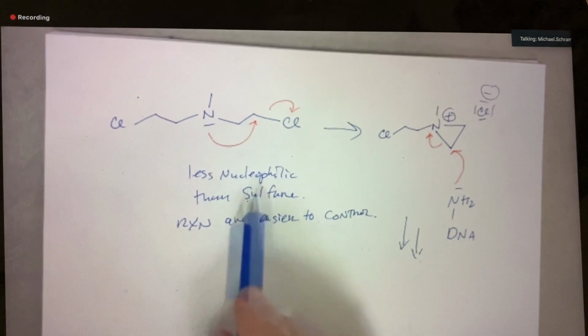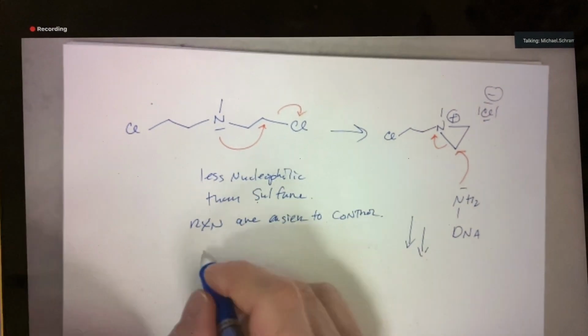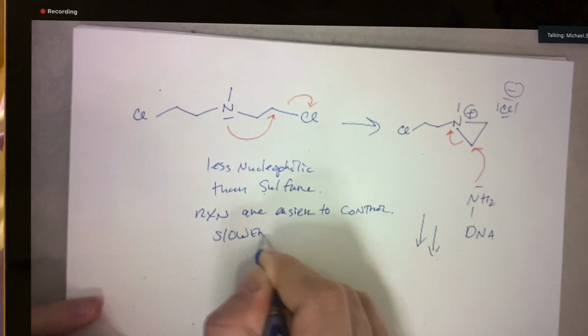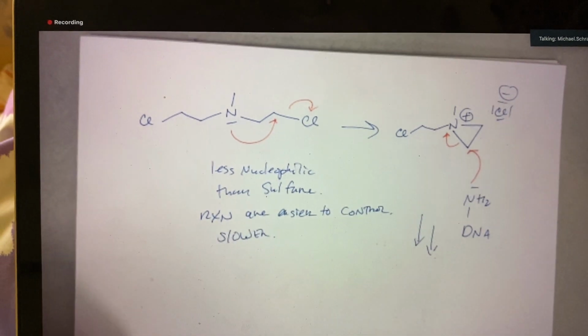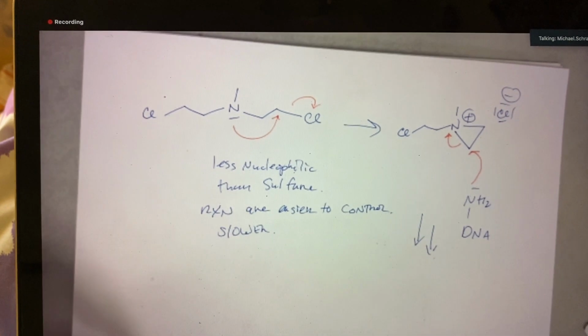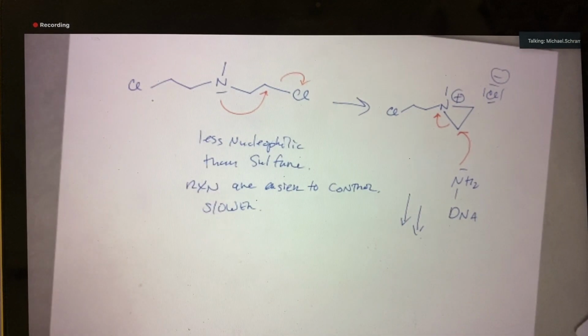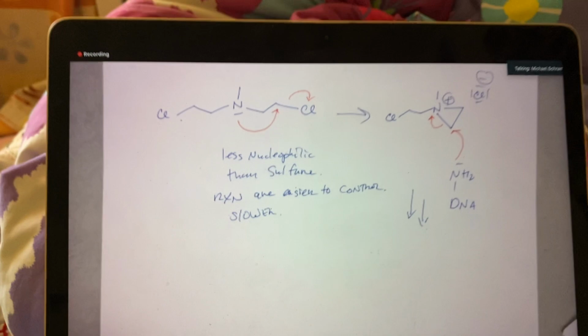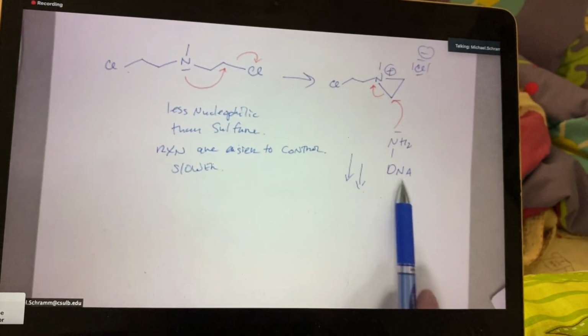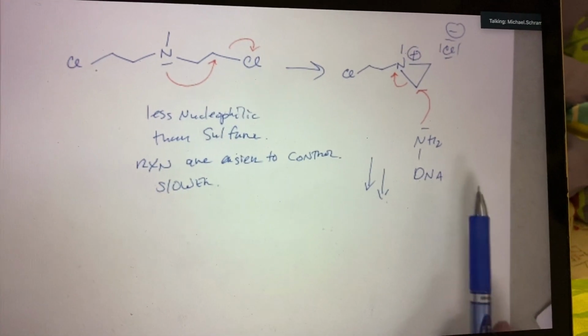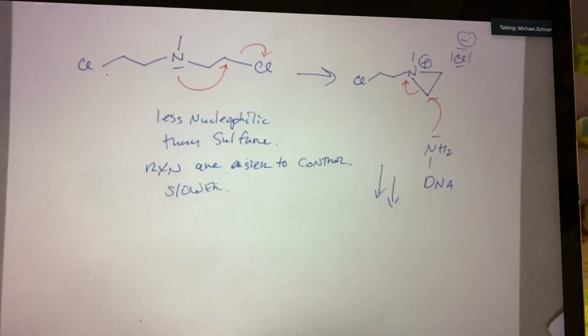It's less nucleophilic than sulfur, and reactions are easier to control. Slower, basically, is what it means. And ultimately, this type of chemical compound could be used to great effect in tumor tissues to cross-link and stop tumors from replicating, right? So if you can cross-link DNA, it basically disrupts the replication mechanism.